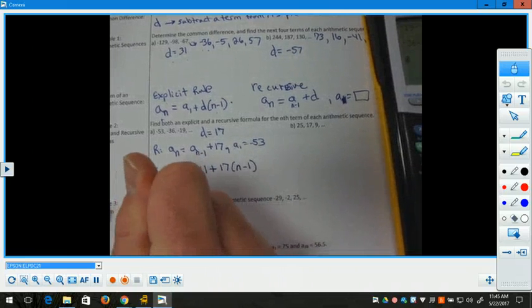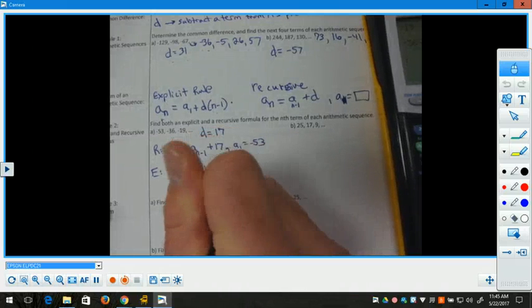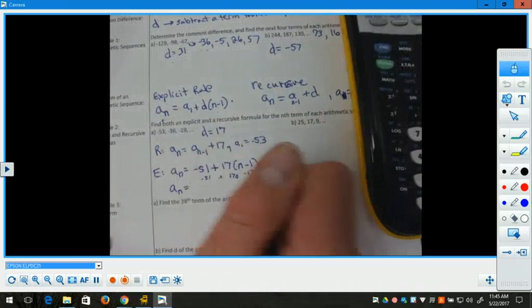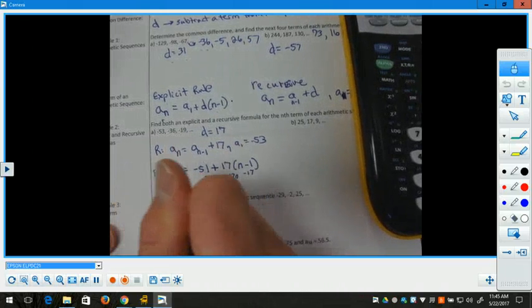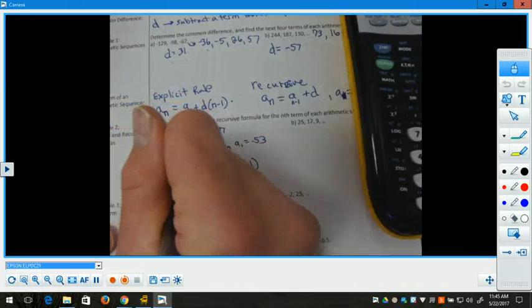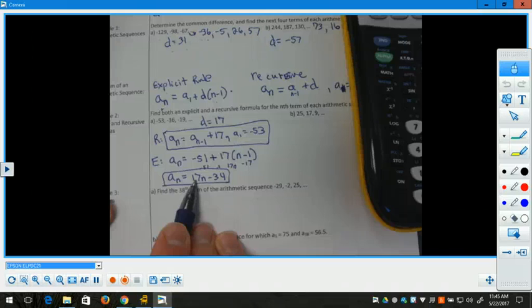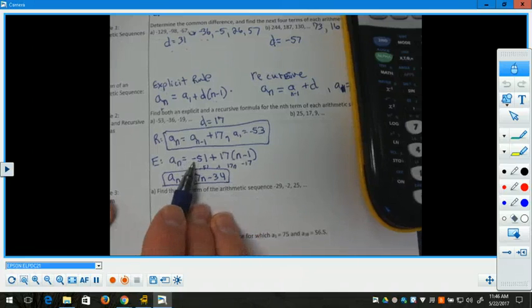It would be a sub n equals 17n minus 17. And when you combine the negative 51 and the negative 17, you get negative 34. It would actually be 17n minus 34. And so here it looks even more like a linear equation because we have the slope of the equation, which is the common difference, and the y-intercept. The y-intercept is not the same as the initial value, though.